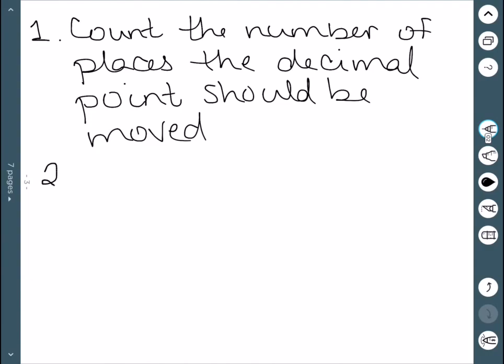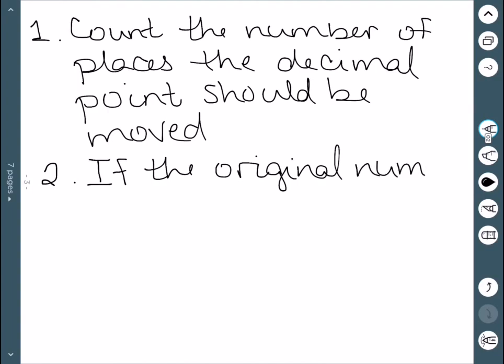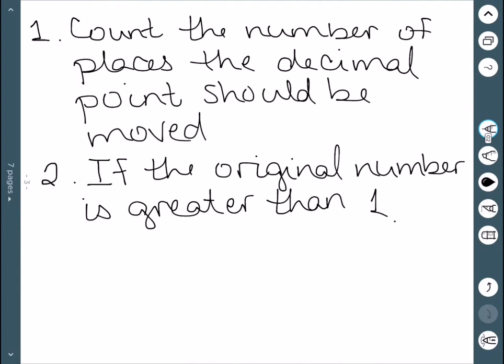Second step, kind of the third, is if the original number was greater than 1, then our exponent will be positive.